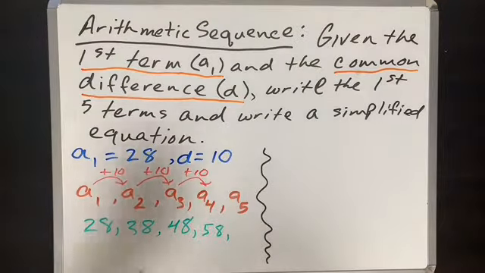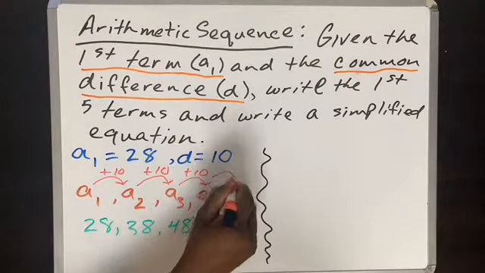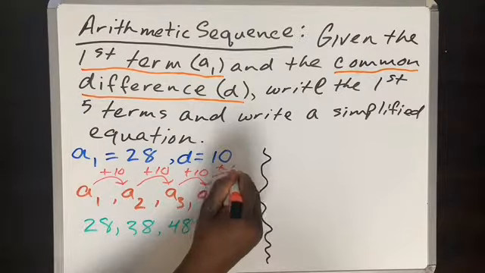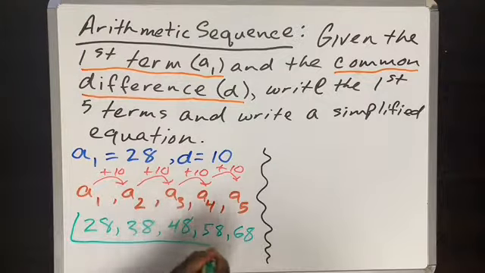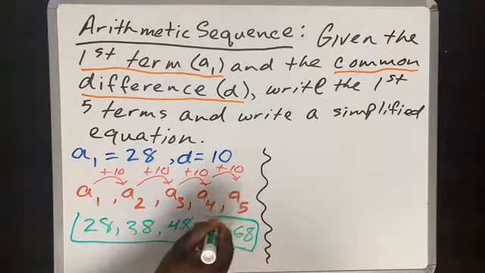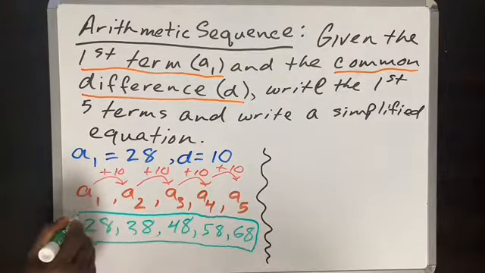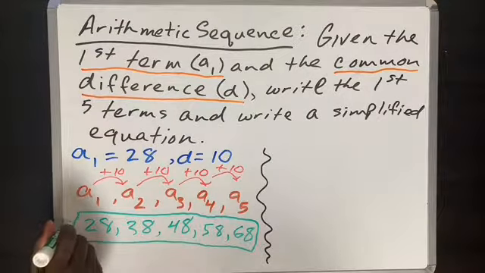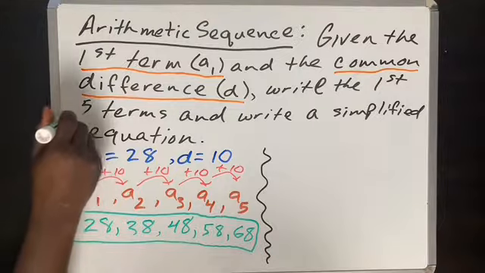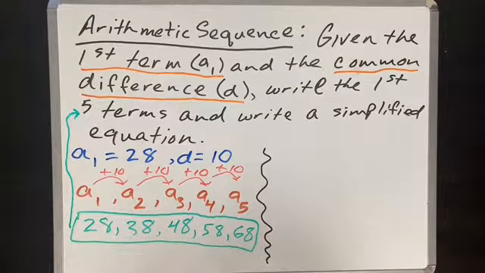Then we add 10 to the fourth term to get the fifth term. And when we do that, we get 68. So these are the first 5 terms in the arithmetic sequence. So I'm just going to draw a line to suggest that's what we got there, okay?